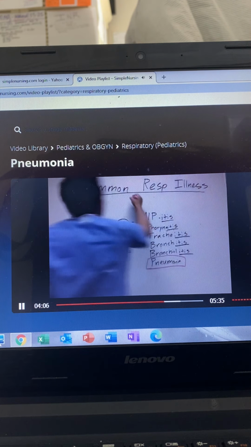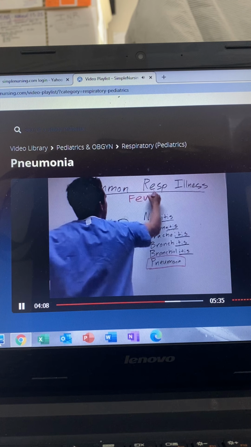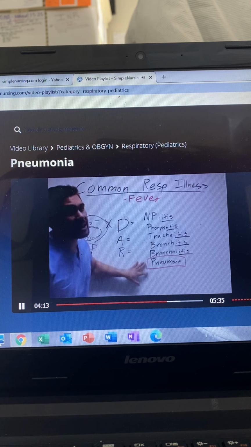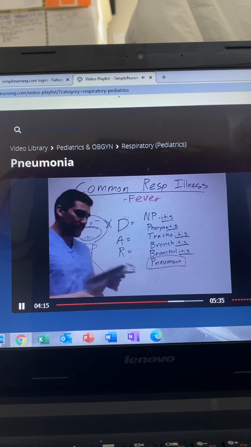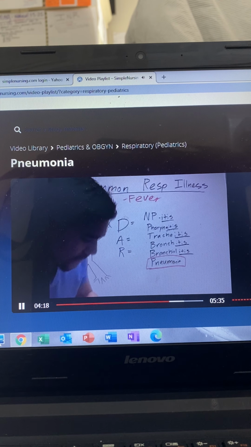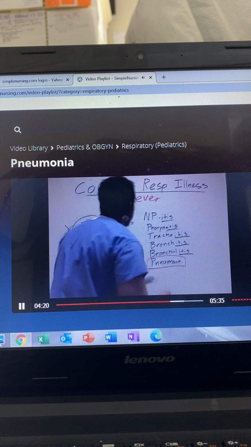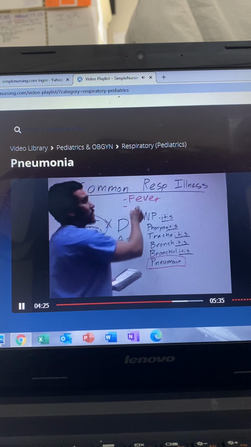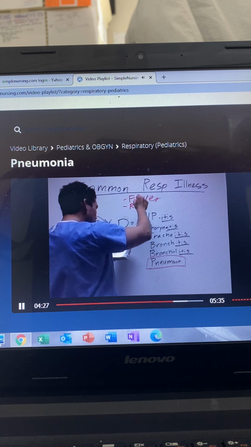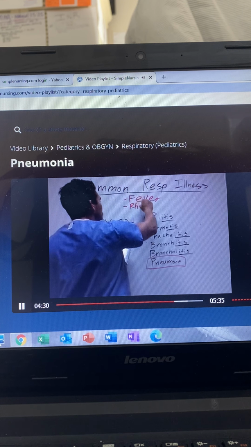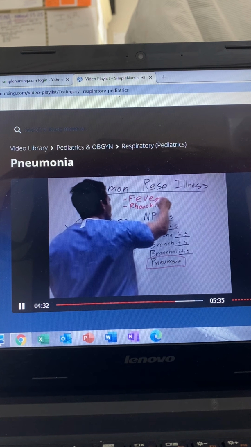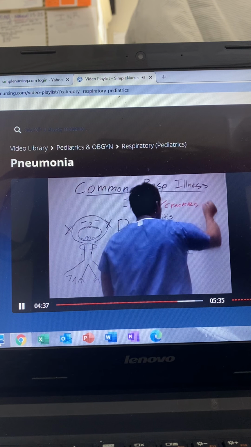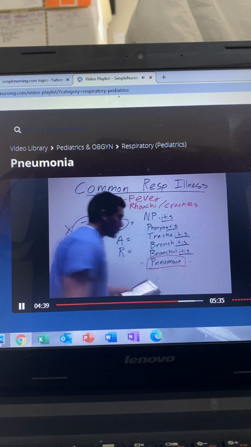For our data, our patients will present with a fever, obviously, because we have a big infection inside of the respiratory tract, as well as rhonchi when listening to your patient's respiratory sounds, as well as crackles for your pneumonia patients.